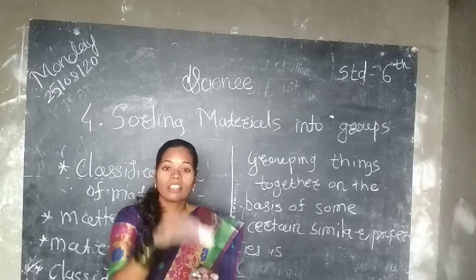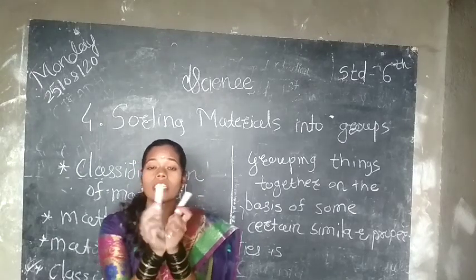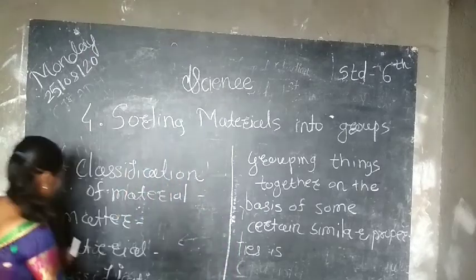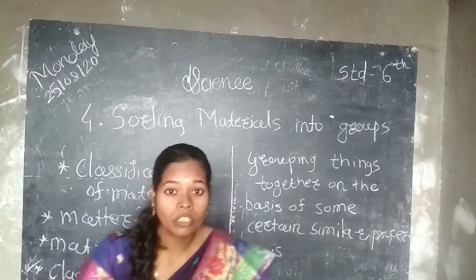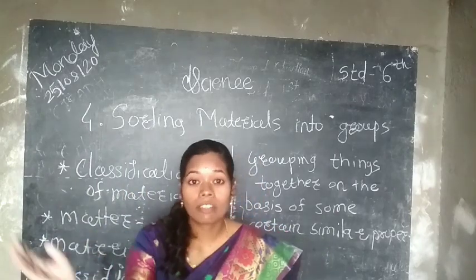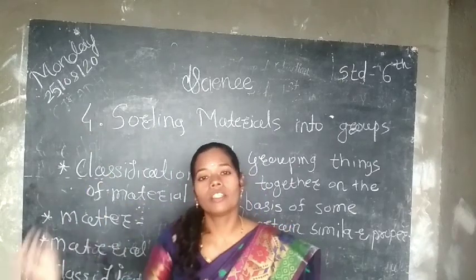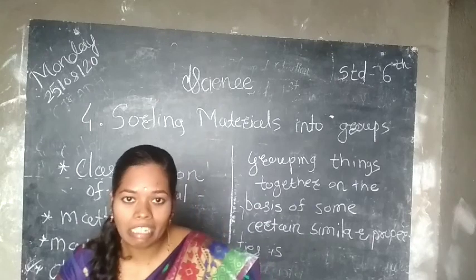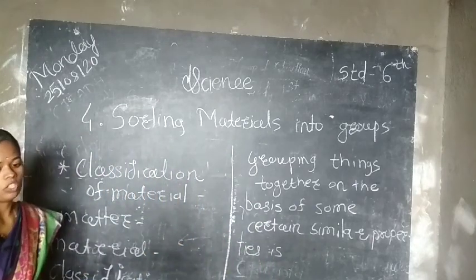I collect them and make them a group. This grouping is called classification. Grouping means you find out, you sort, you collect the similar ones and you classify them. Is that clear? This is nothing but classification.